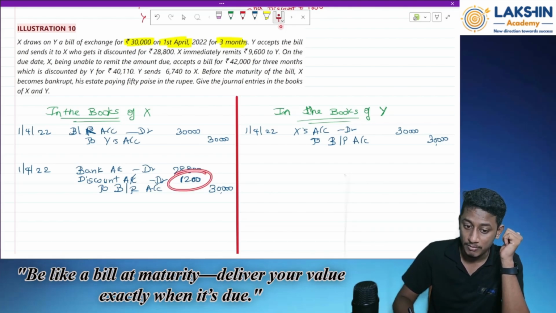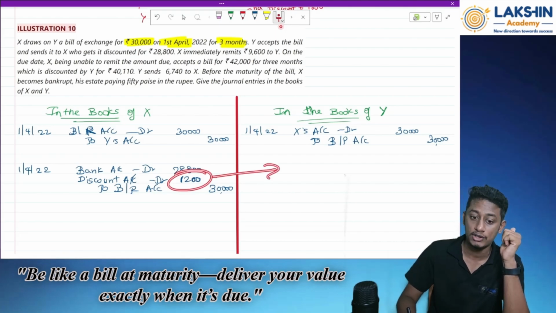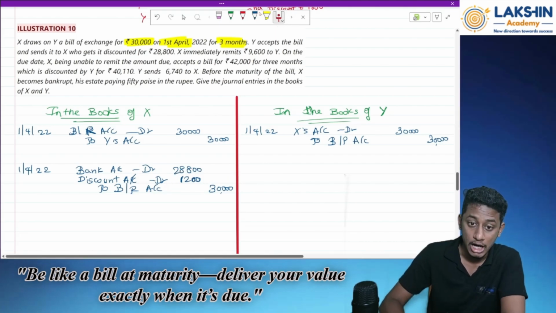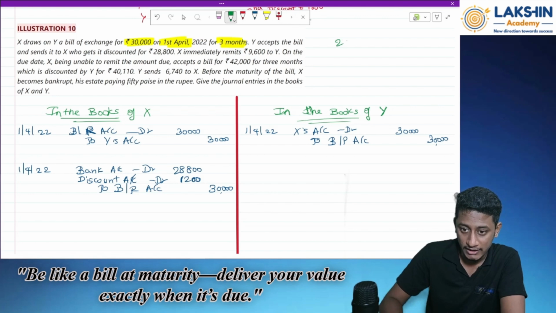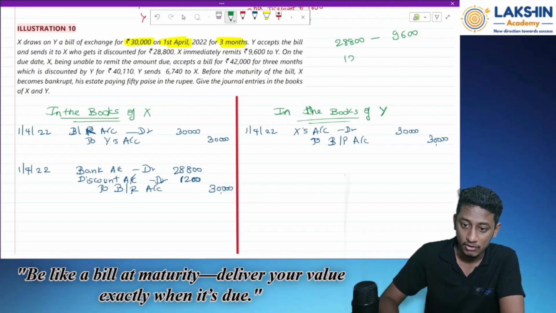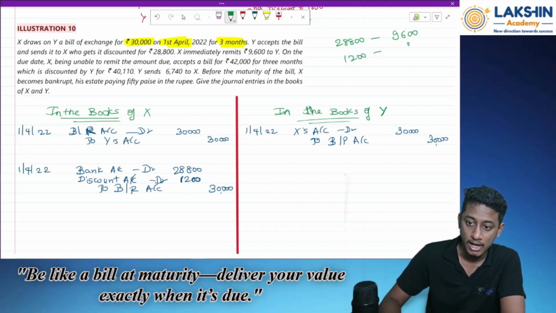So this discount burden should also be transferred to Mr. Y for the amount transferred. See, how to find that out? For 28,800, he is giving him 9,600. Then for 1,200 of discount, how much should be given?